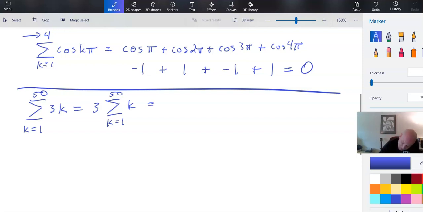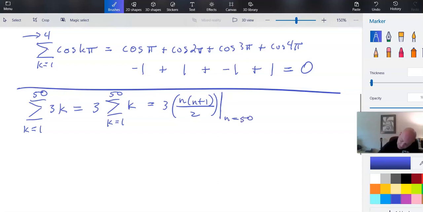So what this is going to be is 3, and I'm going to use some interesting notation here, times n plus 1, over 2, and this is going to be evaluated at n equals 50.